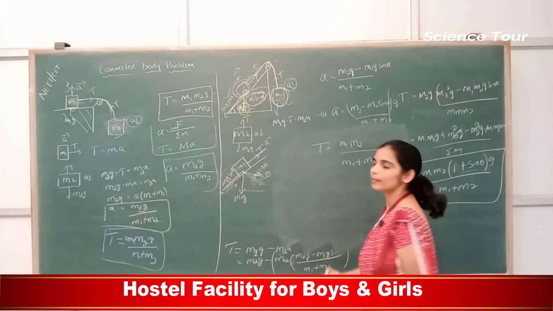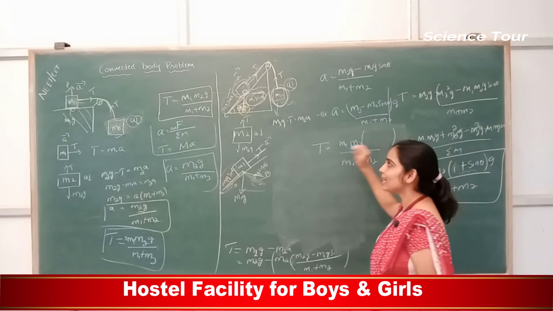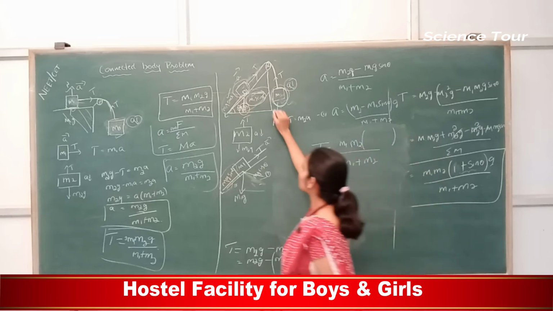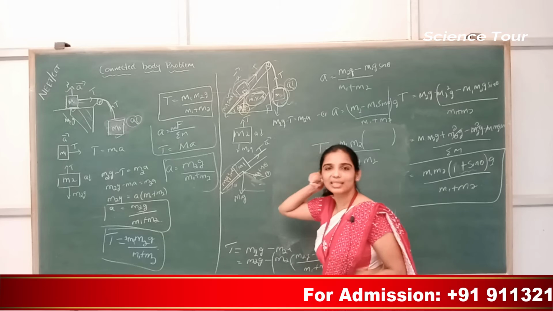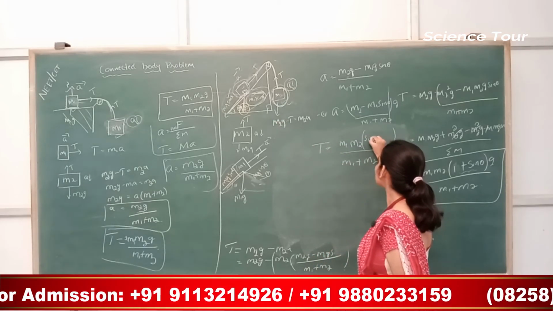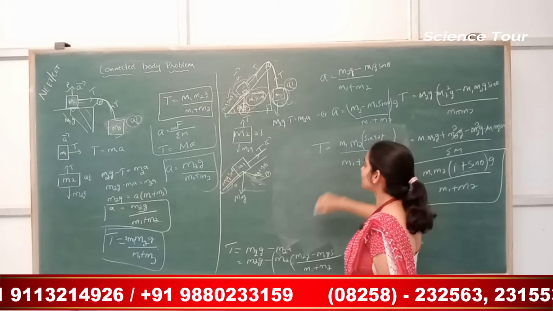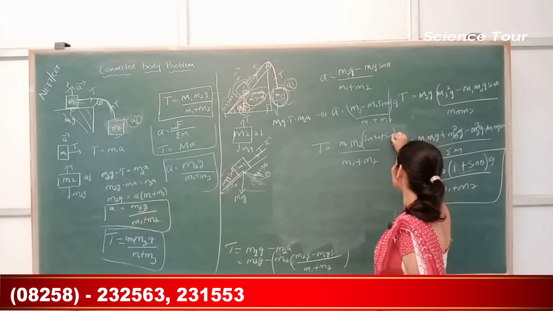So m1, correct, okay. Into, then you should write the sine of the angle between both the corners. What is the angle here? 90 degrees, correct? So sin 90 plus, what is the angle here? Theta, sin theta.